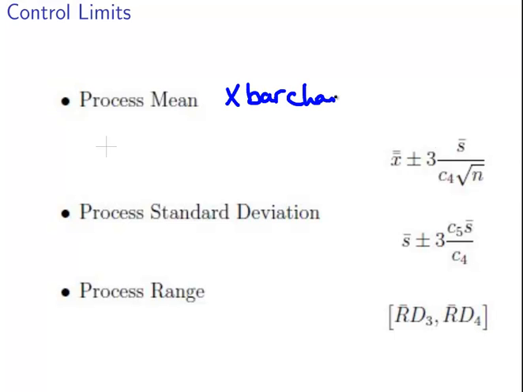Now, collecting up our data, X double bar, that was 140, plus or minus 3 times S bar over the square root of n, where S bar is the mean of the standard deviations. Here I'm just picking a value of 0.2. N is important. N is the batch size.